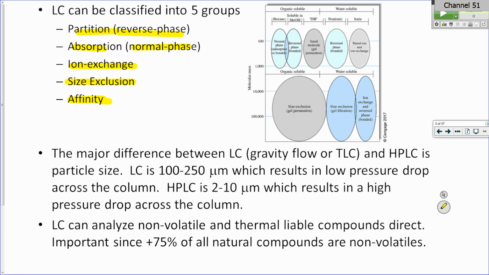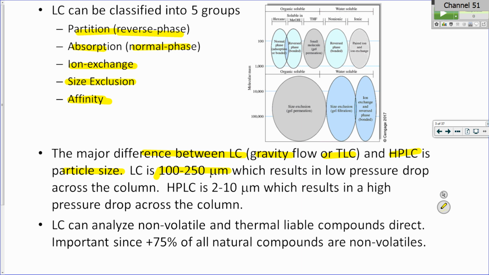The major difference between traditional liquid chromatography, like we do in a gravity flow column or TLC, and HPLC as a technique is simply the particle size. If we're doing something like TLC or a gravity flow column, our particles are somewhere from 100 microns to 250 microns, and it doesn't take much pressure to get the solvent to go across it.